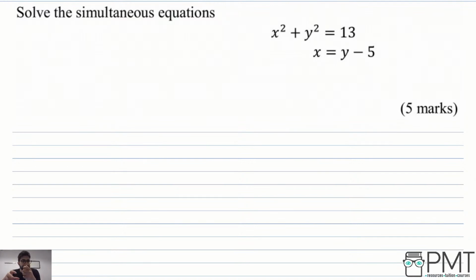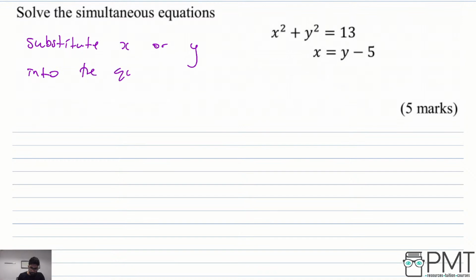So that's not going to cancel out. They're not going to cancel out. What you need to do here is use substitution. You need to substitute x or y into the quadratic.